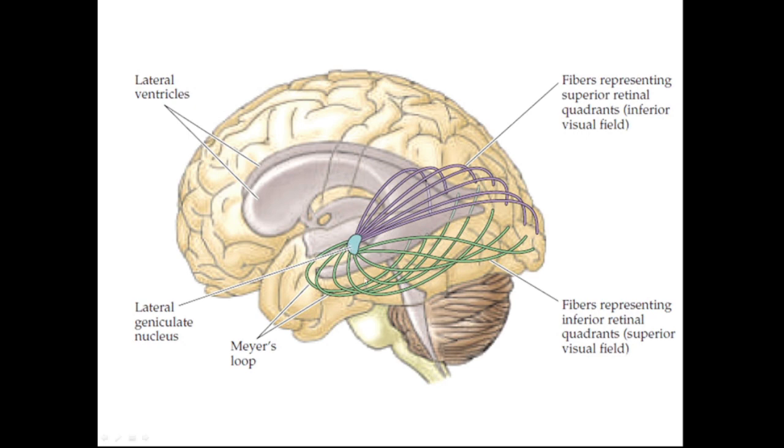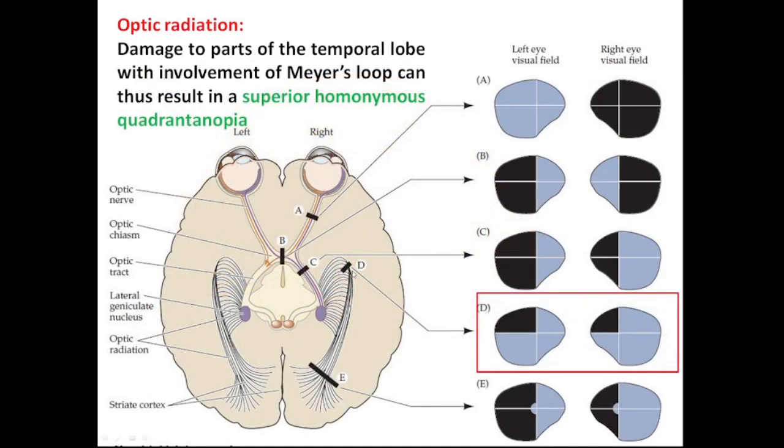So if these fibers are damaged, then what will happen? As they represent the inferior part of the retinal quadrant, the superior part of the visual field will be affected for that particular eye. So let us see what happens if it is damaged at the level of the superior part or inferior part. This is the inferior part of the optic radiation. The damage at the part of the temporal lobe, that means the inferior region.